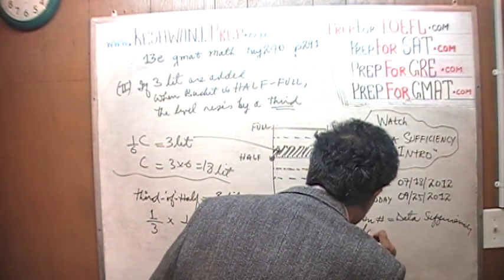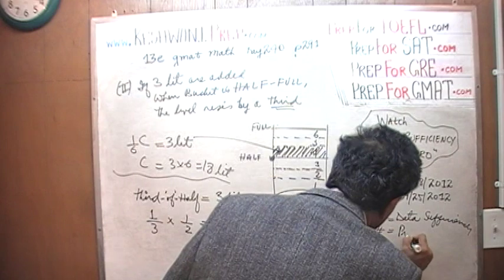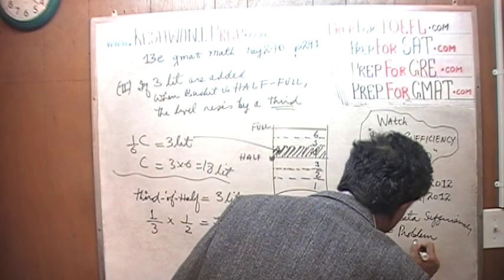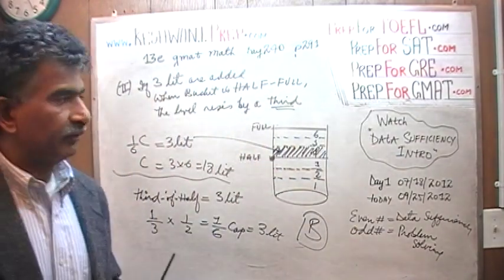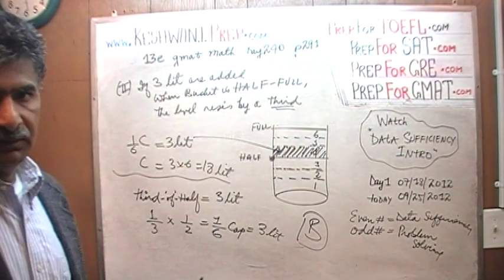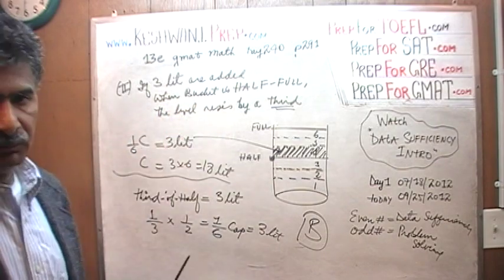But the easiest and simplest way, of course, is to just type in GMAT 13th edition and whatever the problem number that you're looking for.